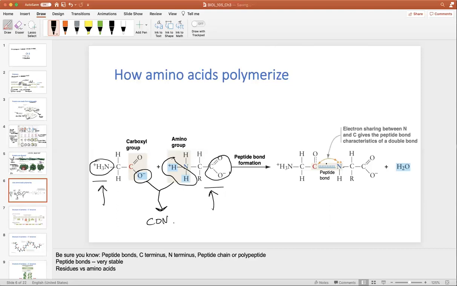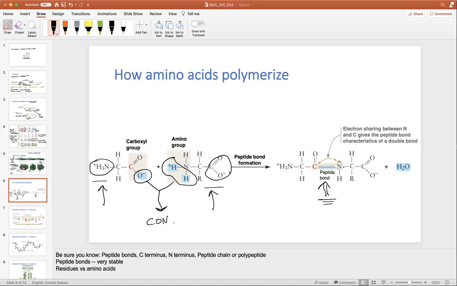Okay, so one of the things I want you to know is that the bond between the carboxyl group here and the amino group here in a protein is called a peptide bond, okay? So make sure that you understand the name of this bond, this peptide bond.